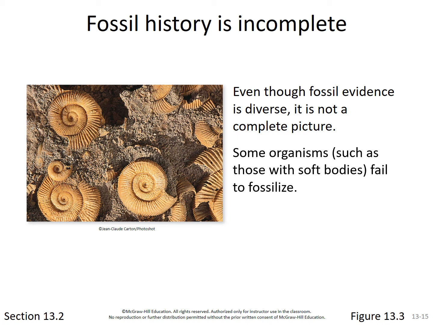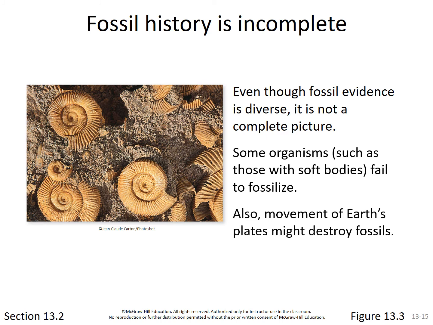If you find a number of fossils of an organism, it means they were absolutely lousy on the ground, bunches and bunches of them around, because if you get a lot of fossils, it means that there were a tremendous number of organisms, of which a few were under the right conditions to fossilize.